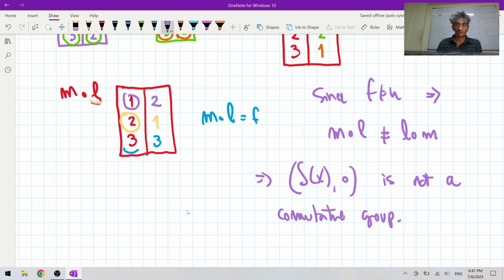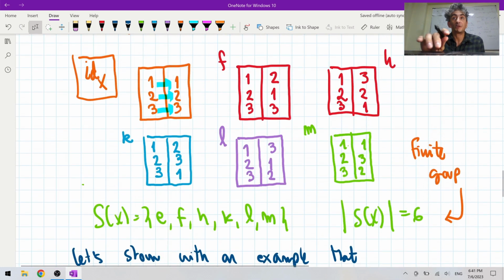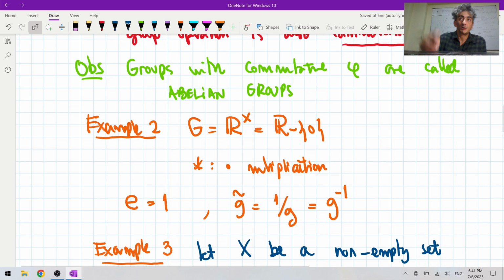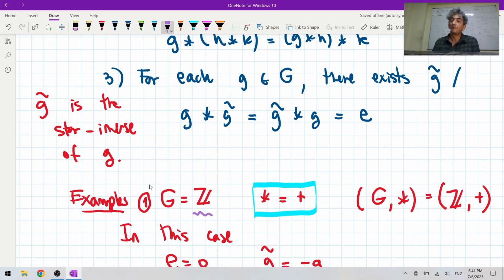Okay, so this is a finite group which is not commutative. Before we've seen infinite groups, since this is an infinite set, and this also is an infinite set. So groups can be finite, infinite, commutative, or non-commutative. There are many flavors of groups.